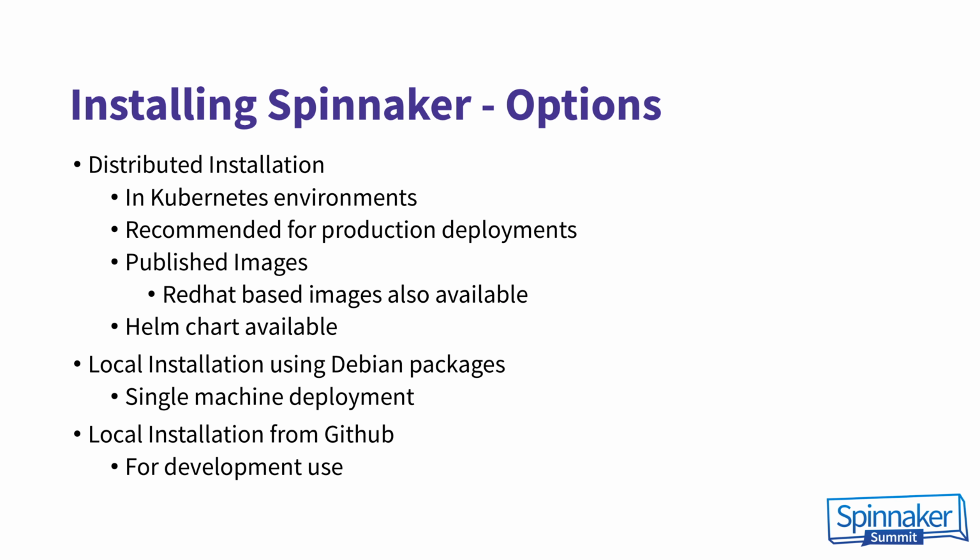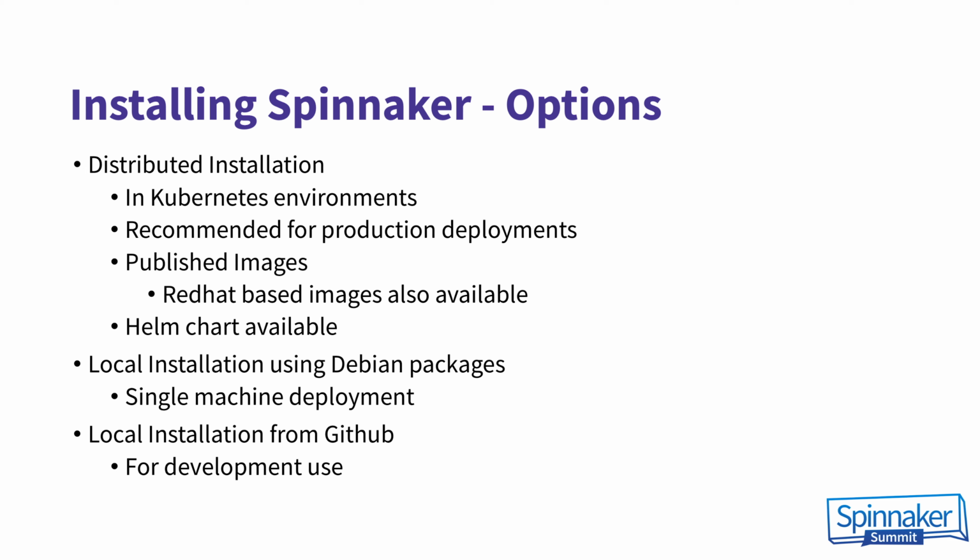If I have to install it, what are my options? Because it's a microservices-based architecture, the best install option is really deploying in a Kubernetes environment. Okay? You get the scalability that you can do very easily, as opposed to if you are doing a local or a VM-based installation.